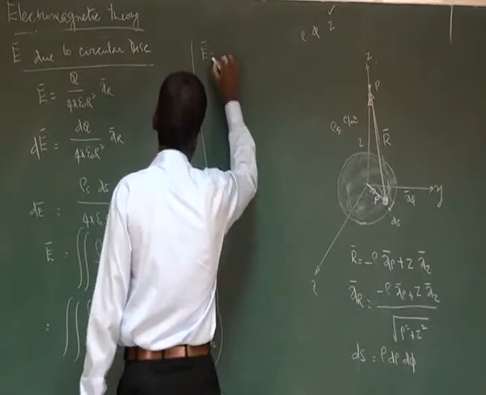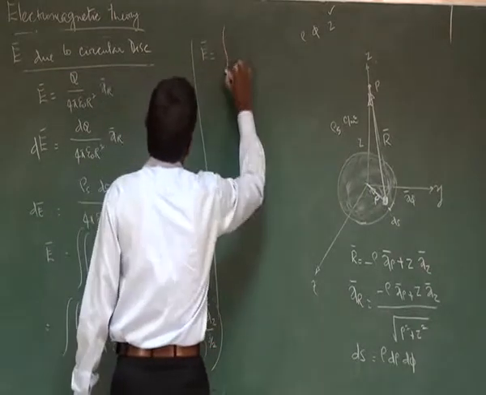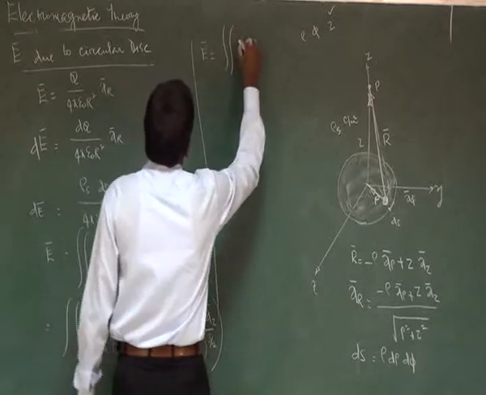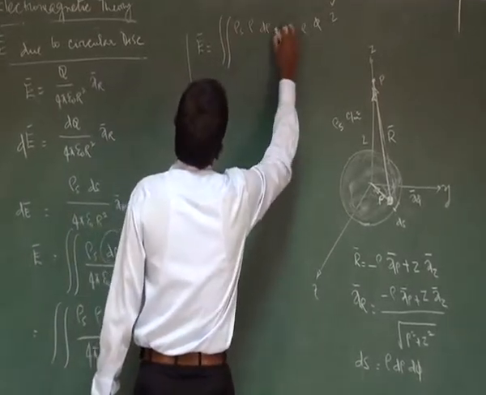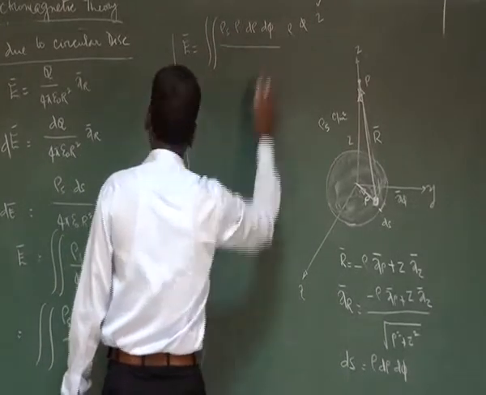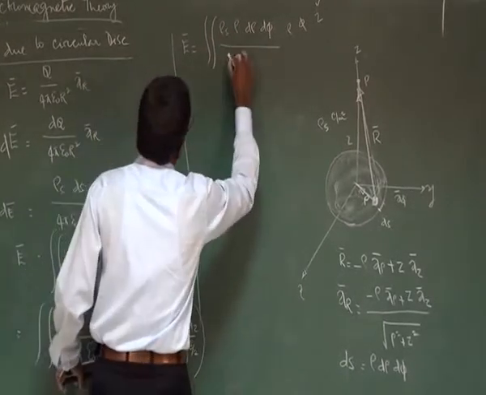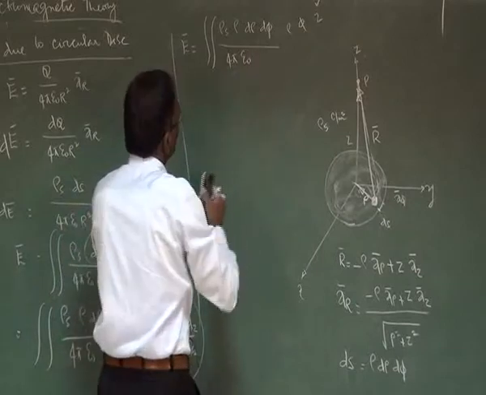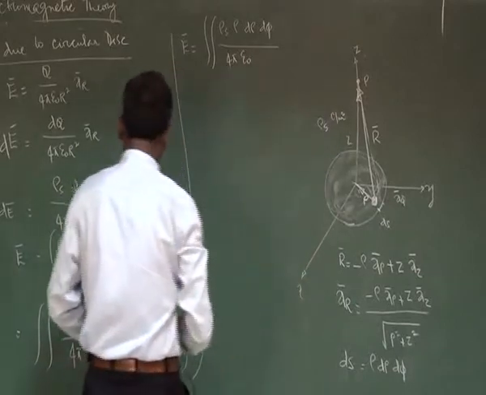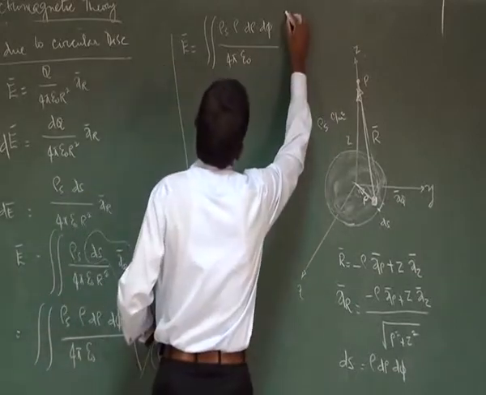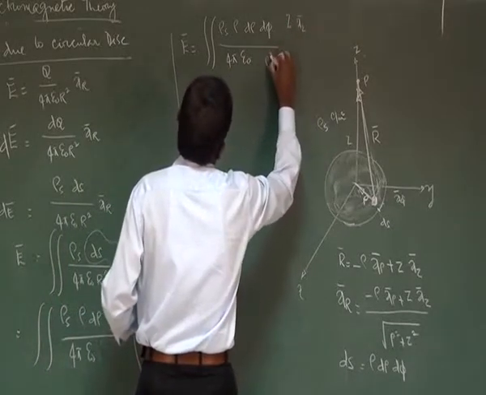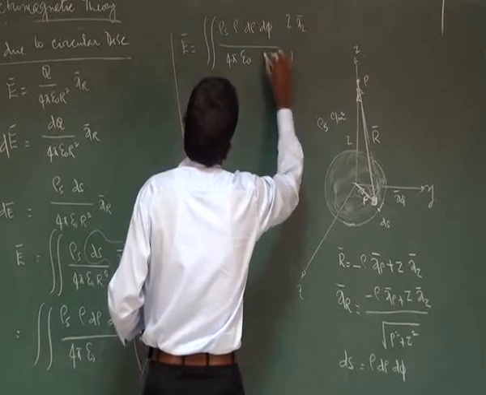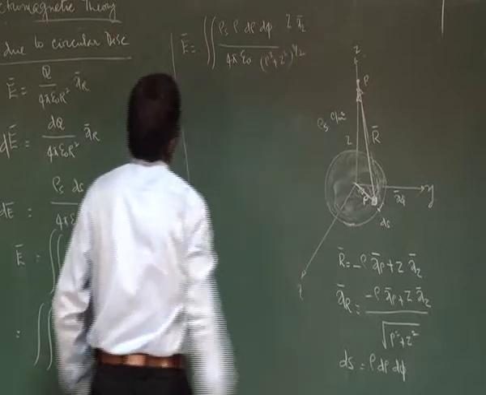Okay, E bar is equal to double integral rho s rho d rho d phi divided by 4 pi epsilon O, z a z bar by rho square plus z square power 3 by 2.